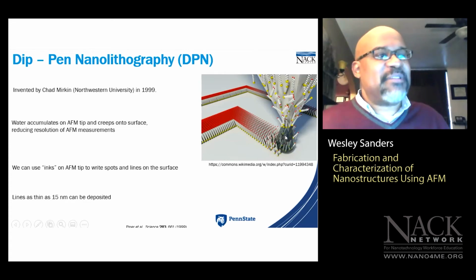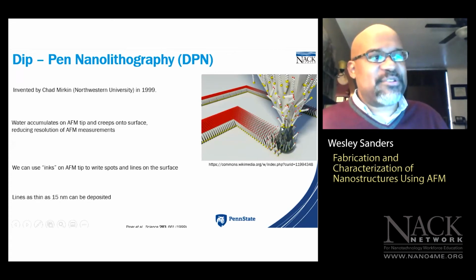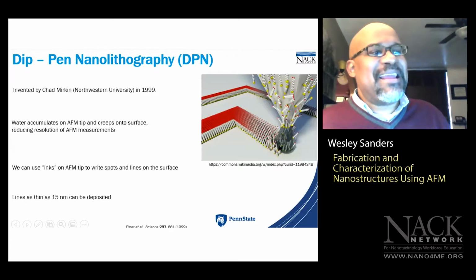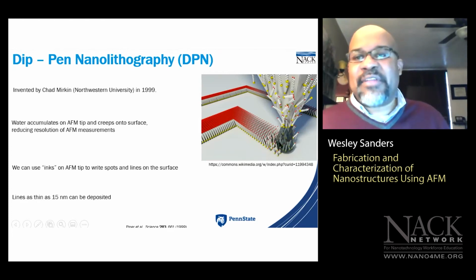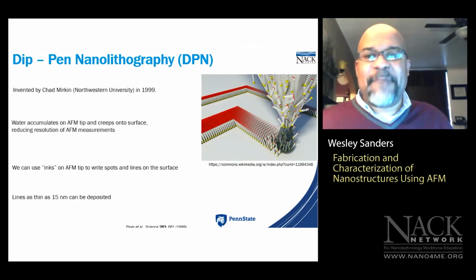So when that happens, when the tip makes contact with the sample surface, a liquid meniscus is formed. The liquid meniscus is a little bridge that allows the molecules loaded on the tip to diffuse to the surface, allowing the AFM user to write patterns, okay?